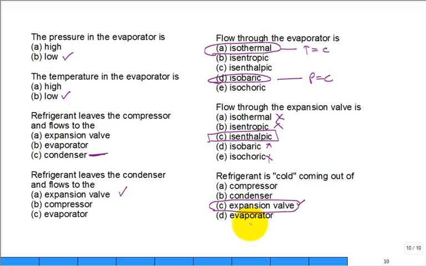Evaporator. It's cold coming out of the evaporator. A lot of people will confuse it and think condensing. My experience has been I put something on the stove to get it hot, boil it, and that's evaporation. It should be hot in the evaporator, but it's not. It's cold in the evaporator. And then the condenser, they think, oh, I put it in the freezer or something. Anyway, the condenser's hot.